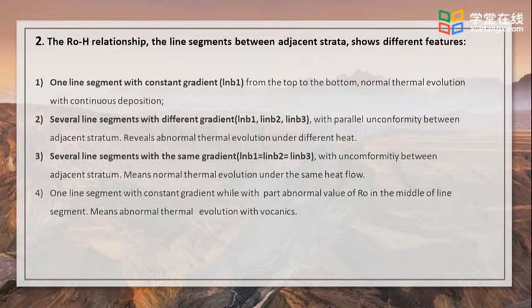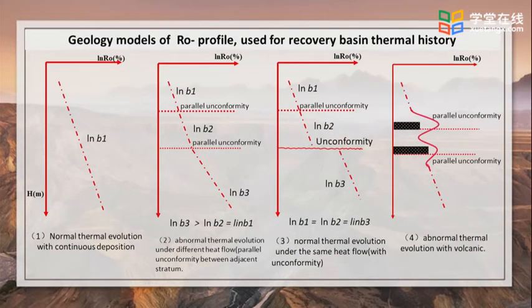Number 4, it's one line segment with constant gradient, while the part with the abnormal value of Ro in the middle of the line segment means abnormal thermal evolution with volcanisms. So you can see it here in the last chart.